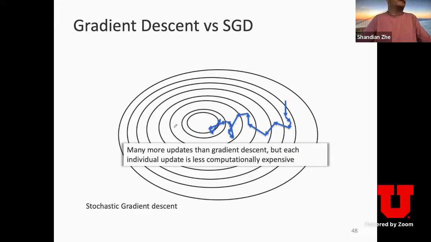Any questions so far? What number reduces? The number of epochs? It's not necessary. Yeah, that's a good point.